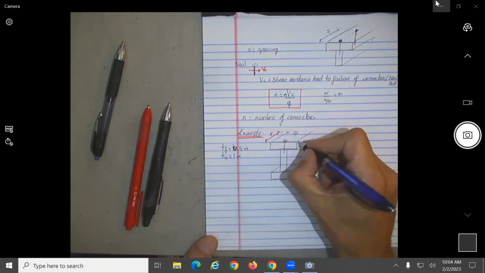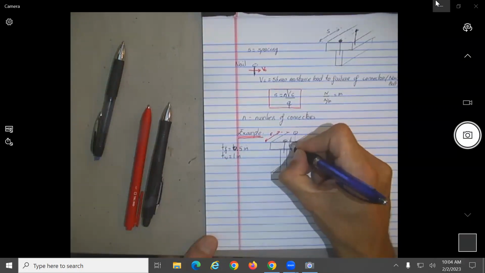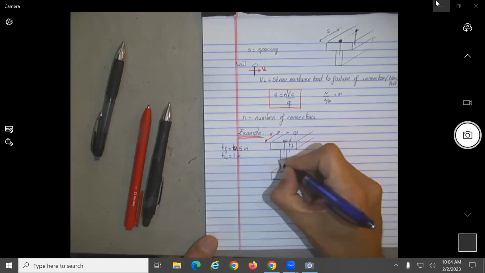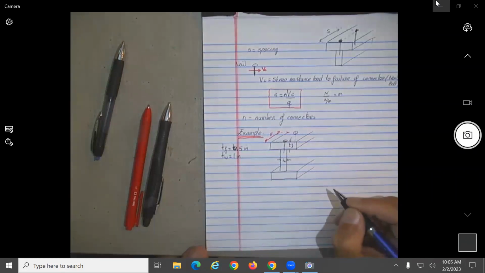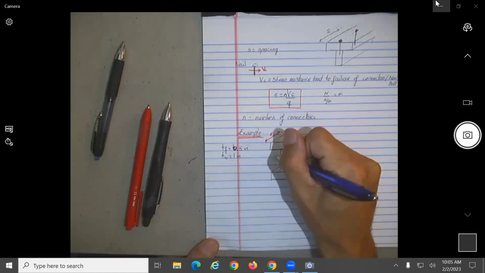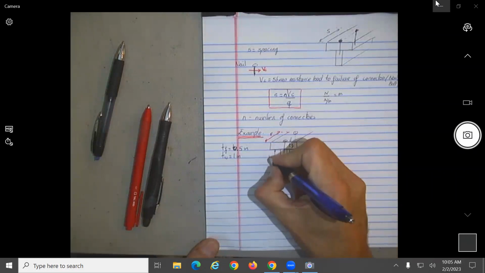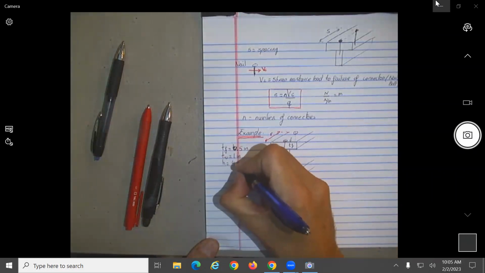So this is the flange, the web, and that distance over here, let's just call it H, is 4 inches.